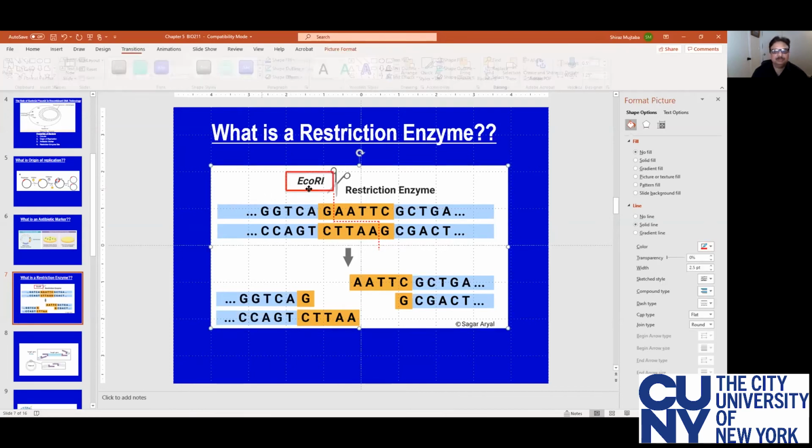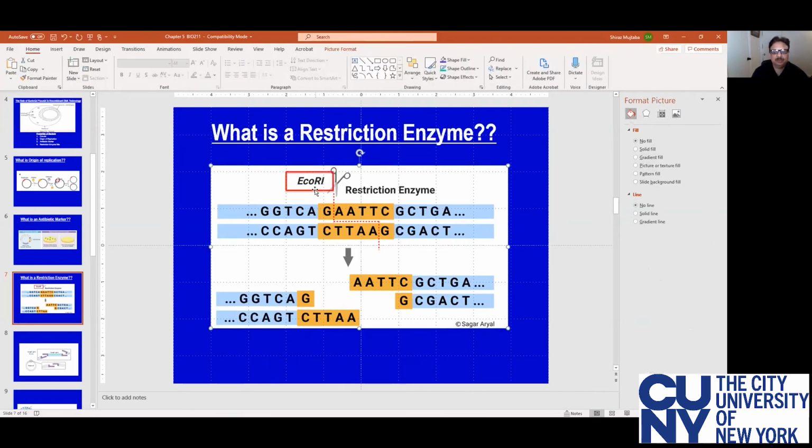This EcoR1 enzyme can cut DNA at a specific sequence. What is this sequence? GAATTC. Look here, it's very interesting.